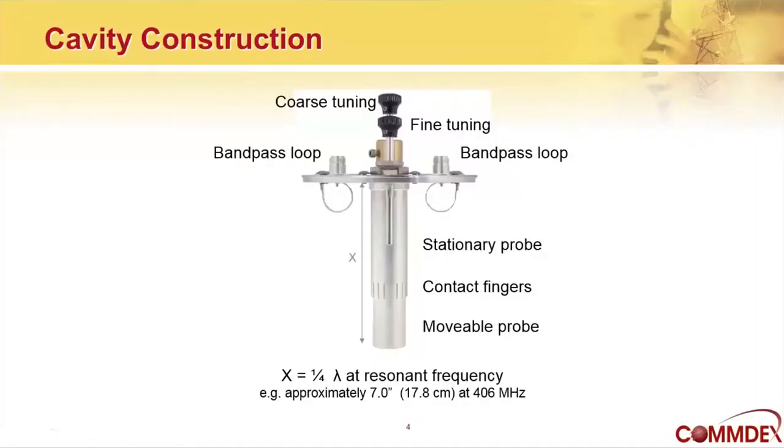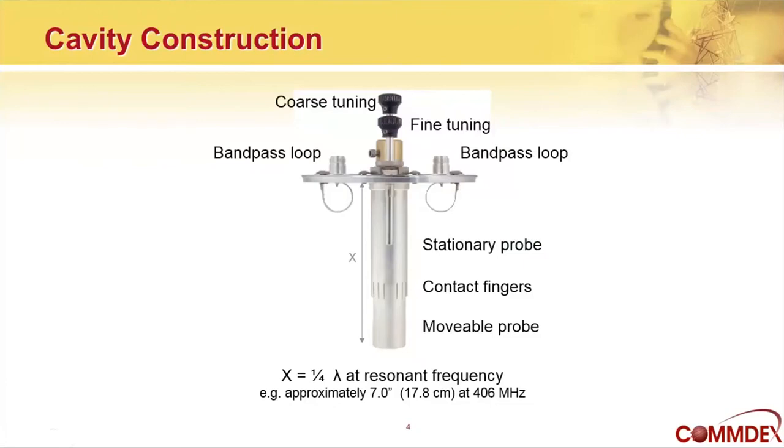Here's what it looks like when you take it apart. The coarse tuning knob, the fine tuning knob. There are the little bandpass loops with the connectors on them. Stationary probe, movable probe. X, being the length of the probe, should be equal to a quarter wavelength at the resonant frequency.